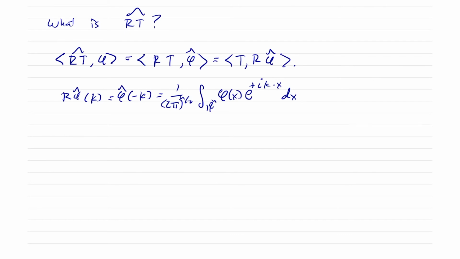We can say that this is the inverse Fourier transform of phi evaluated at k. Okay. So then we say that RT hat is equal to T upside down, the inverse Fourier transform of T.